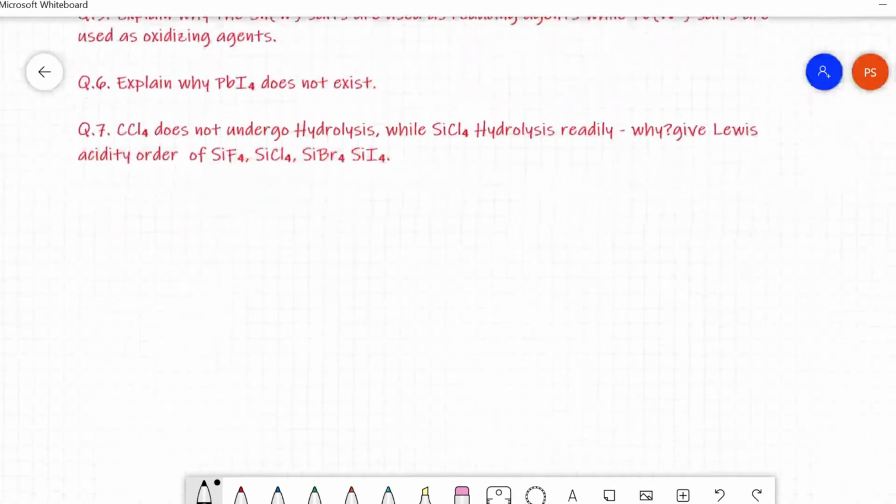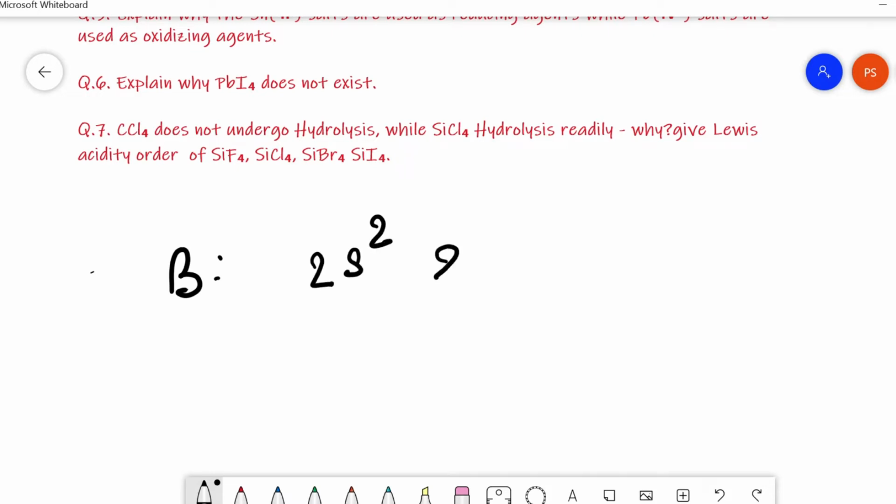Let's try to construct the structure of trihalides of boron. Now, the electronic configuration is 2s2 2p1. The ground state electronic configuration is this.